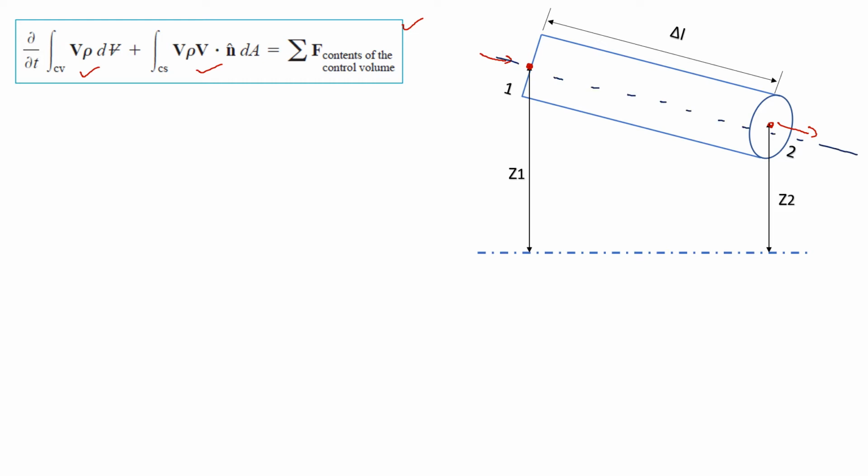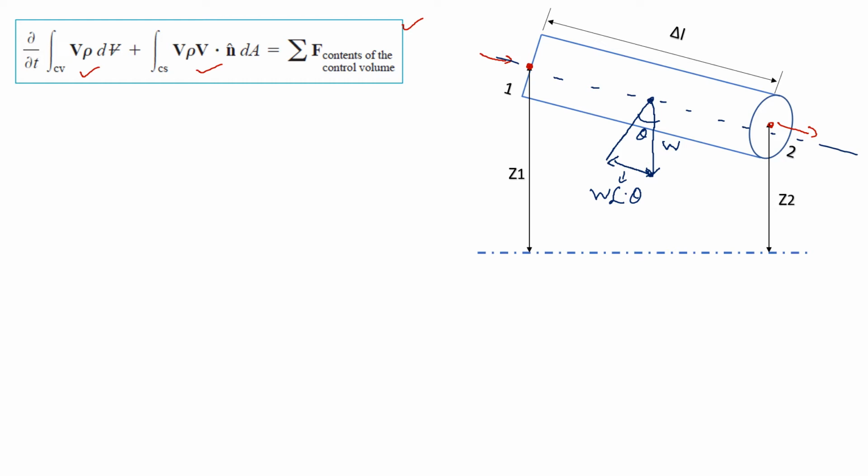We will also take the weight of the water into account, because this is not a horizontal pipe. This is W and this is theta, and this side will be W sine theta, and we will write this W in terms of specific weight.